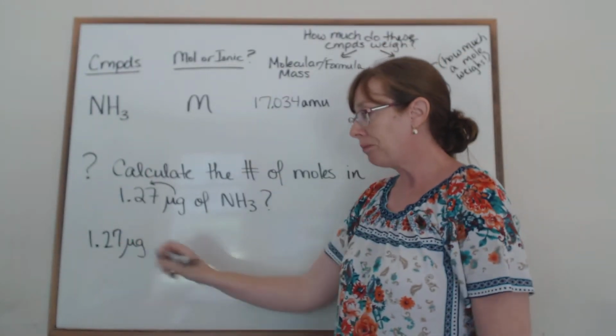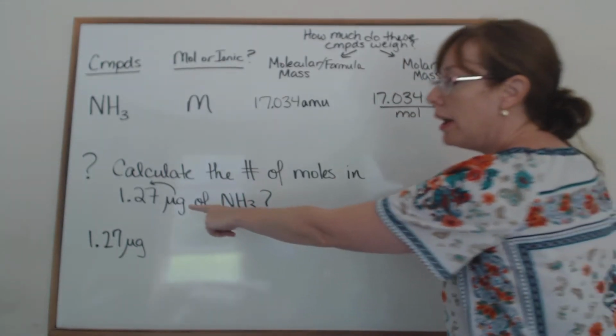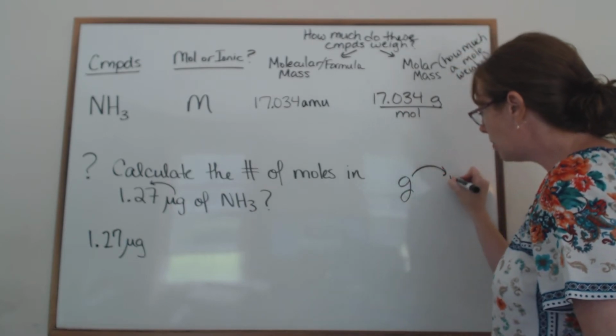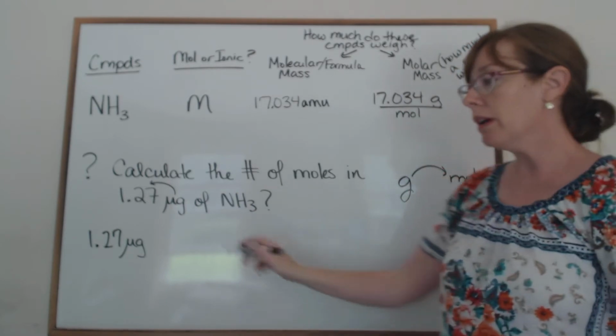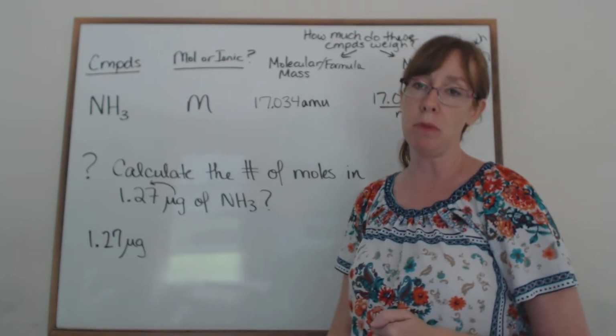I want you to notice what's happening here. It's micrograms, yes, but essentially what we're doing is what's called a gram to mole conversion, because we are given something in grams or a form of grams, and I'm being asked for the number of moles.